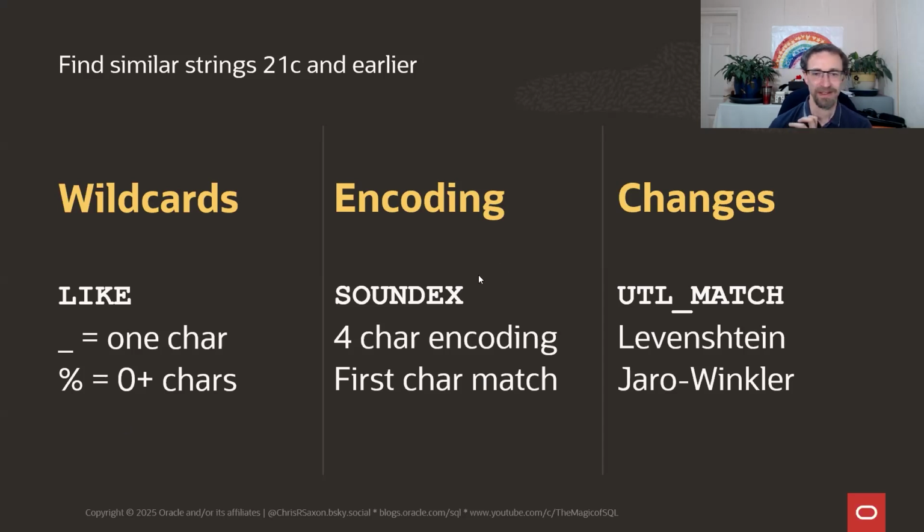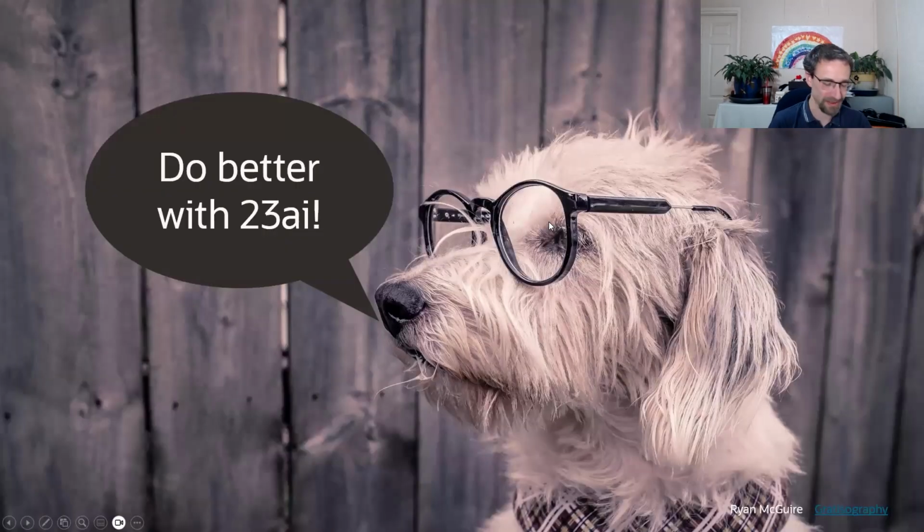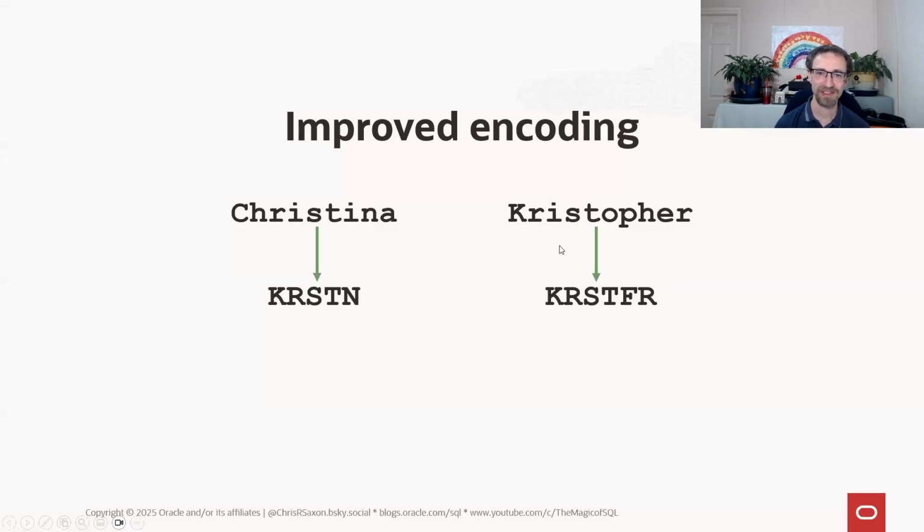Okay, so let's say at this point, I'm not convinced. I'm not sure any of these are very much good. So what can we do in Oracle Database 23 AI? There are actually a number of options we can use to help here. First up, there are improved options for encoding.